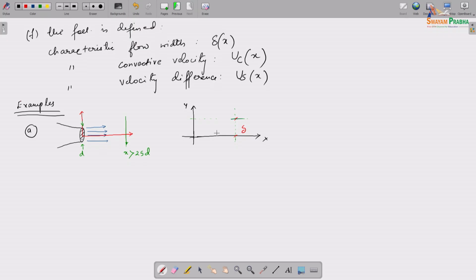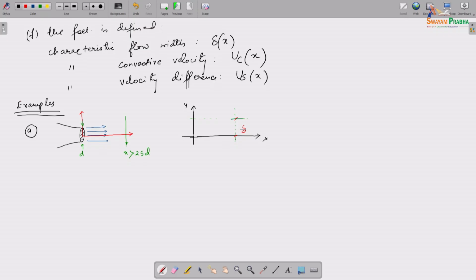Okay. So at some location, say I have the spread in this y direction as delta, right? And I have a convective velocity, and the velocity difference.